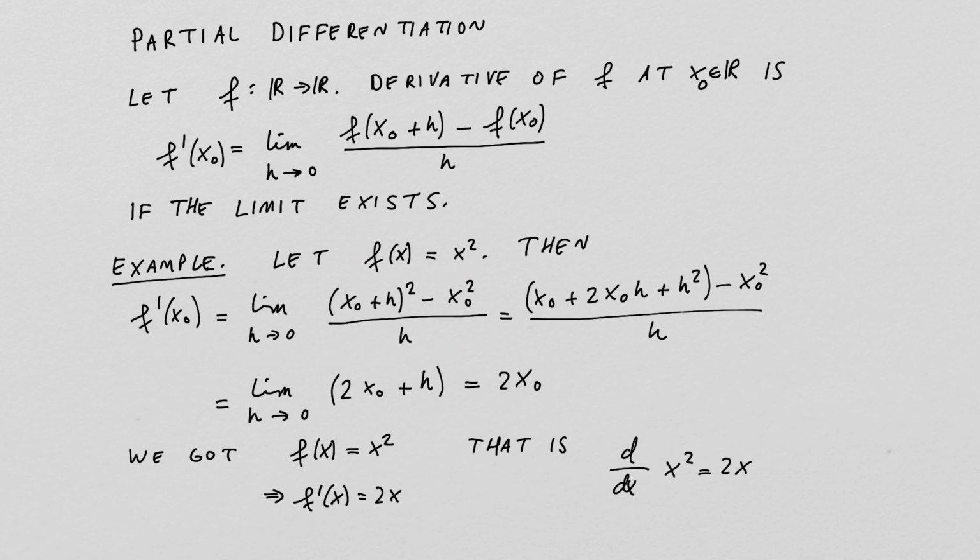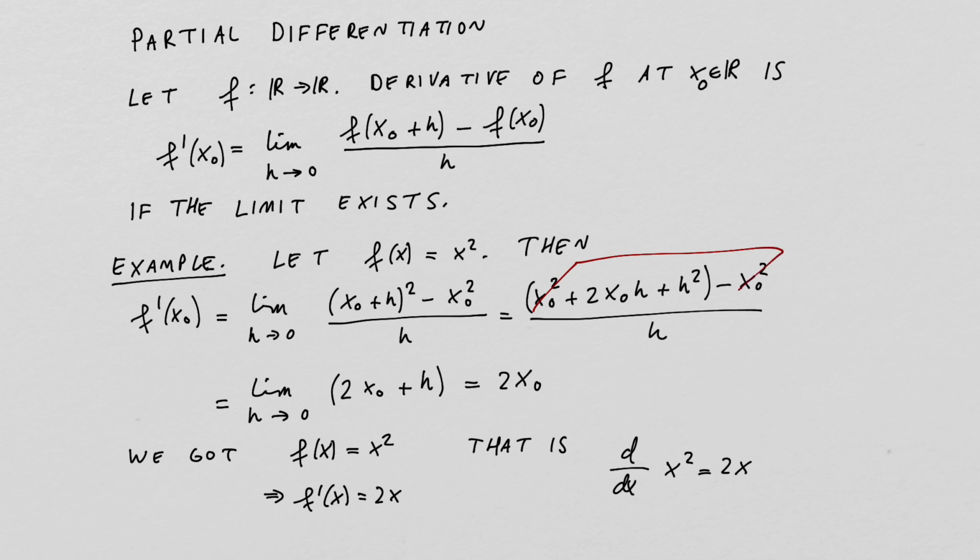To get further, we need to simplify this. We need to expand it in this way. Now everything is correct. x0 to power 2 will cancel out.